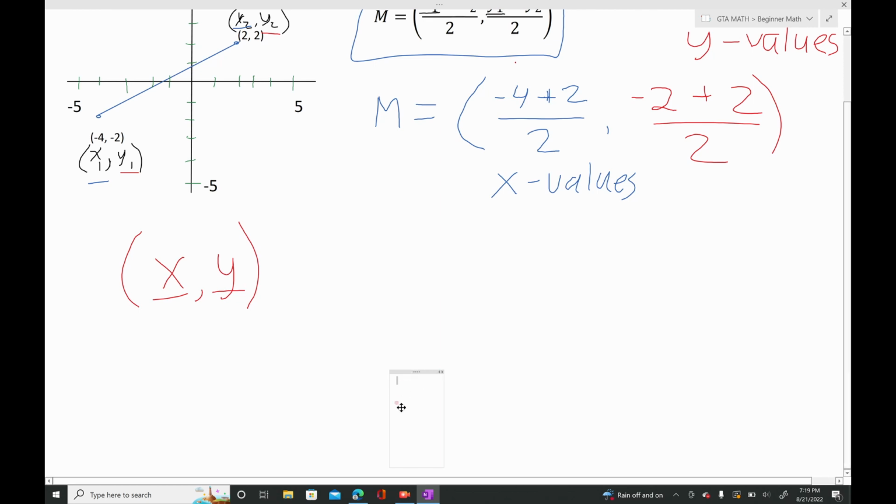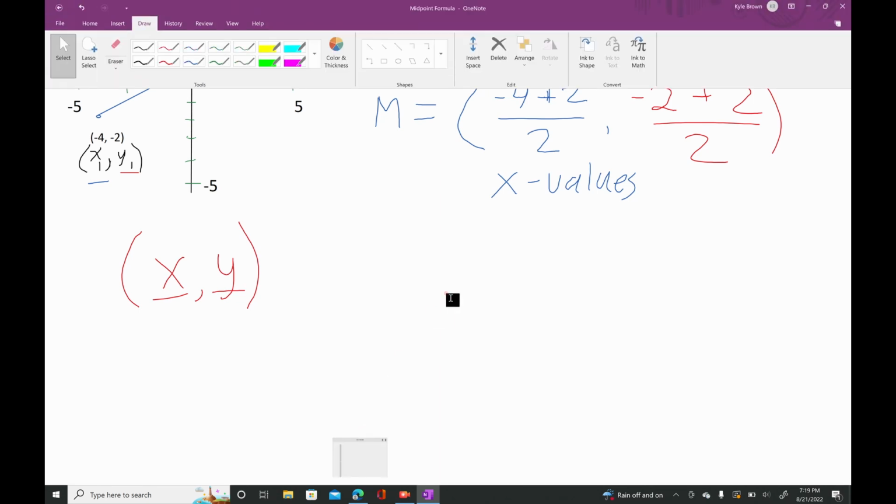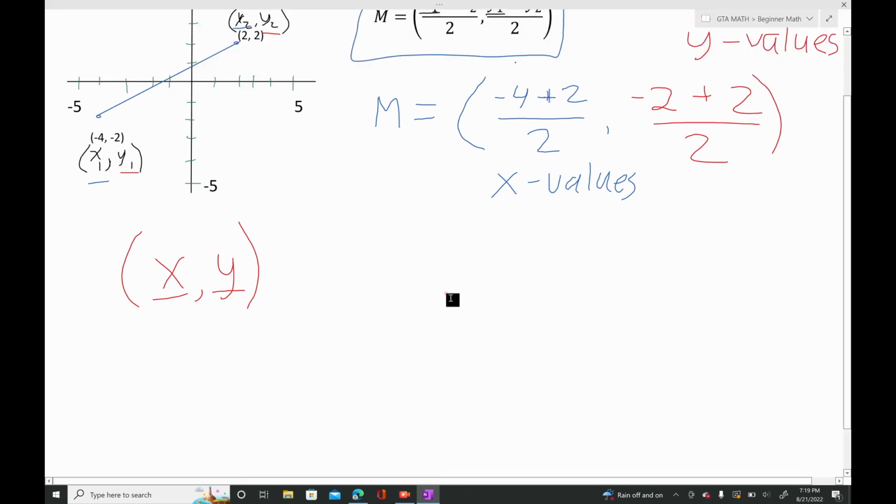So now what we're going to do is take these values and simplify it. So we have -4 plus 2. That's going to equal -2 divided by 2. And then we have our comma here. And then -2 plus 2 gives us 0.